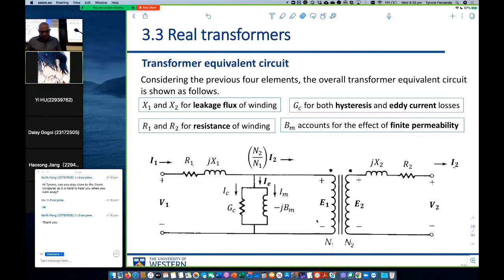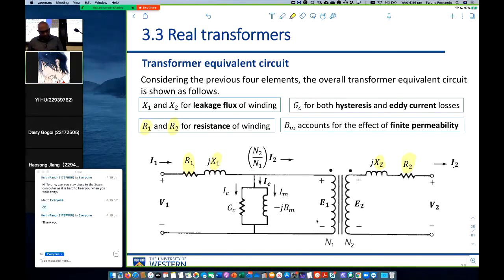So we can see that X1 and X2, these terms relate to leakage flux, because there is some flux leakage, which is accounted for by those reactance terms, those inductors. Resistors R1 and R2 represent the winding resistance in the primary and the secondary.